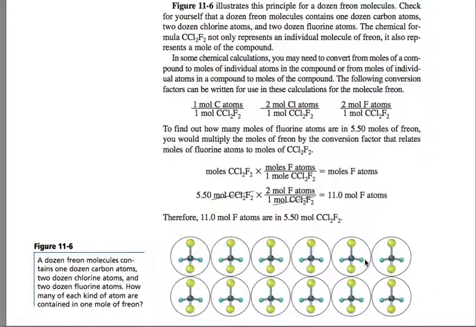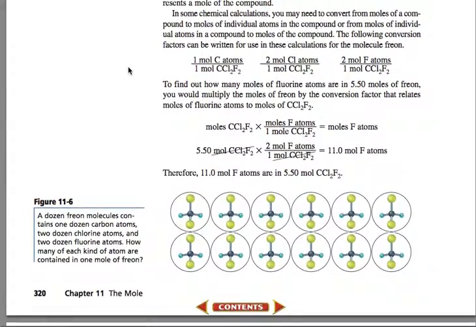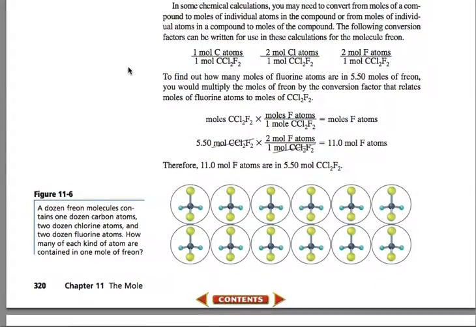The chemical formula CCl2F2 not only represents an individual molecule of Freon, it also represents a mole of the compound. In some chemical calculations, you may need to convert from moles of a compound to moles of individual atoms in the compound, or from moles of individual atoms in a compound to moles of the compound.